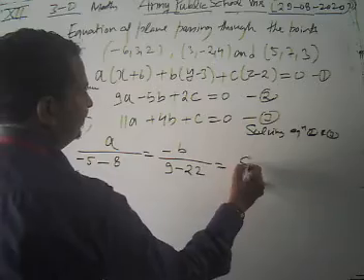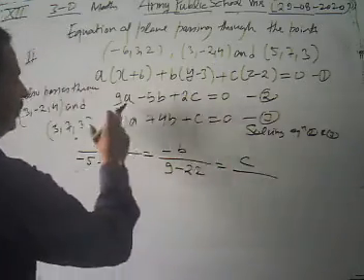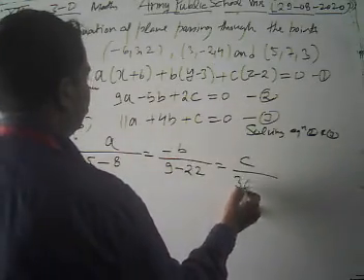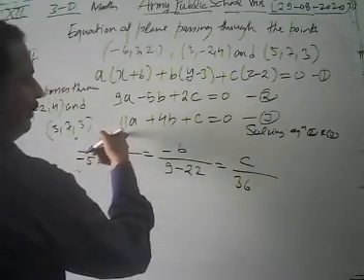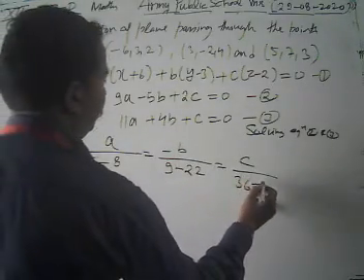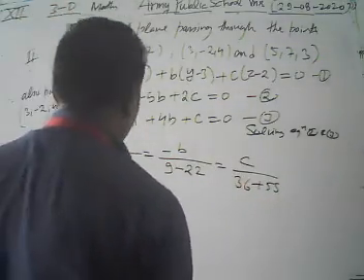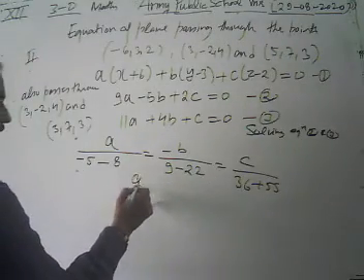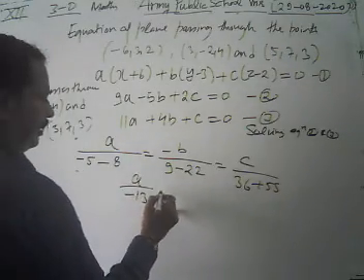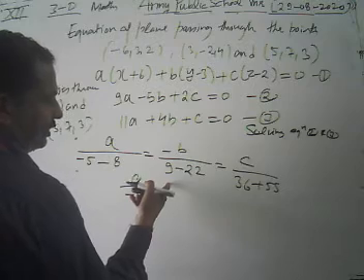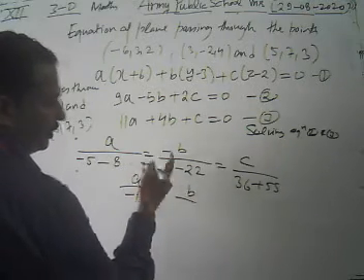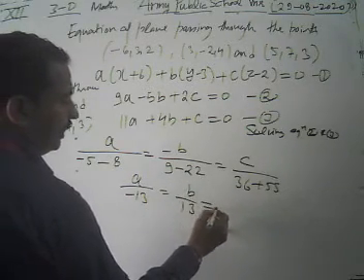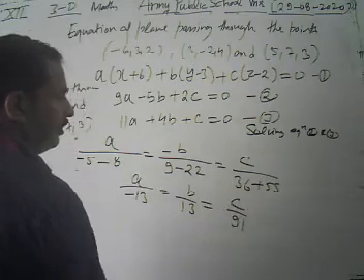Then c upon 9 into 4 is 36, and minus 11 into minus 5 is plus 55. Now for solving, we have a upon minus 13, and b we take positive because of the minus sign, b upon 13, and c upon 91.